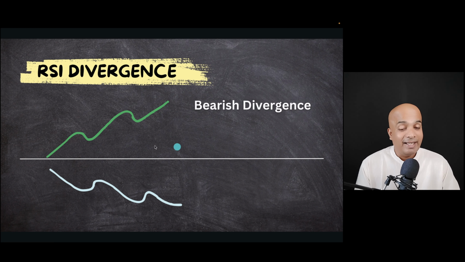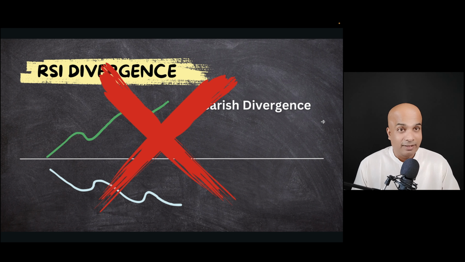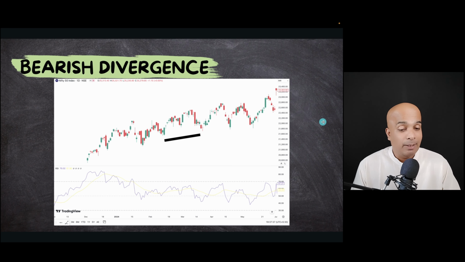In this case, the traditional definition recognizes it as bearish divergence, and it suggests taking a short trade because the RSI is going in the opposite direction, right? But I don't recommend this because it is not a good idea; it comes with a lot of risk.